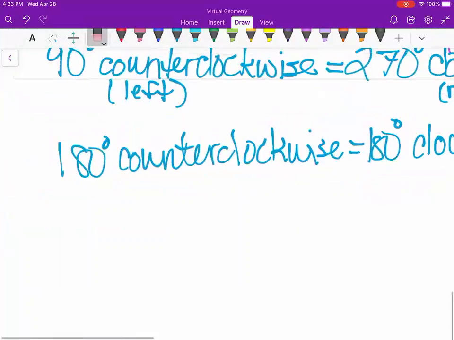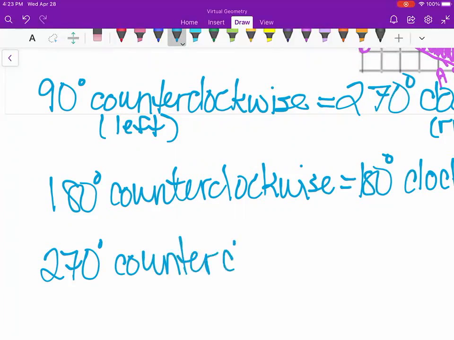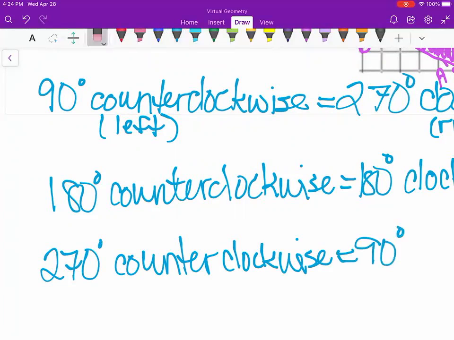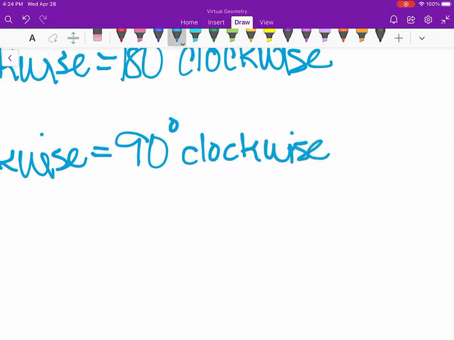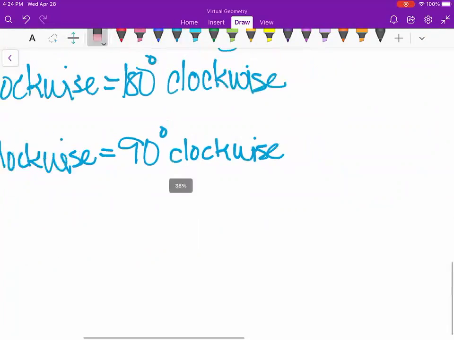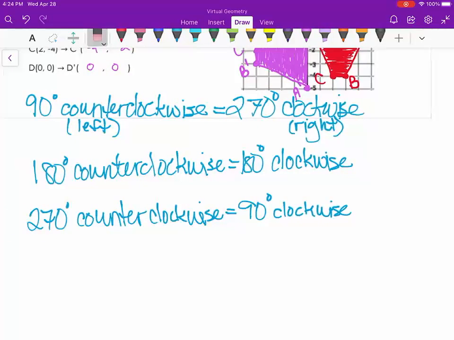And then our last one, a 270 degrees counterclockwise is the same as a 90 degrees clockwise. They have the exact same set of rules. They will be in the exact same places. But again, it's just a matter of which direction do you have to turn.